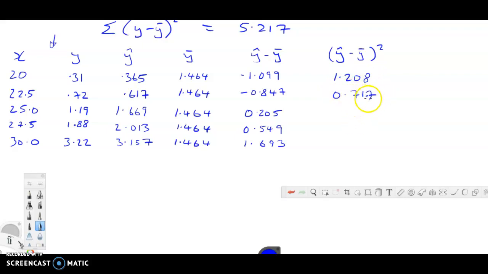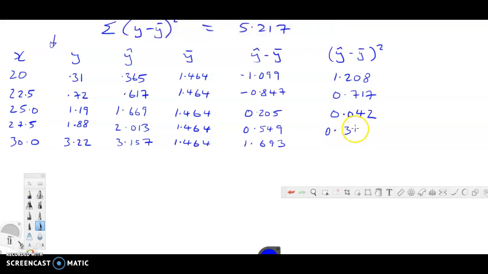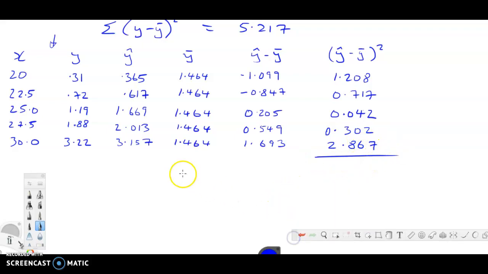Don't worry if you've 1 or 2 decimal places off according to me, because I'm working from a previous solution where I went to 4 places instead of 3, so it might cause tiny differences. 0.042, and we have 0.302, and finally 1.693 squared is 2.867, and then we're going to sum them, and that's going to give us the summation of the (y hat minus y bar) squareds, the 5 of them added together, and I get 5.135 approximately.